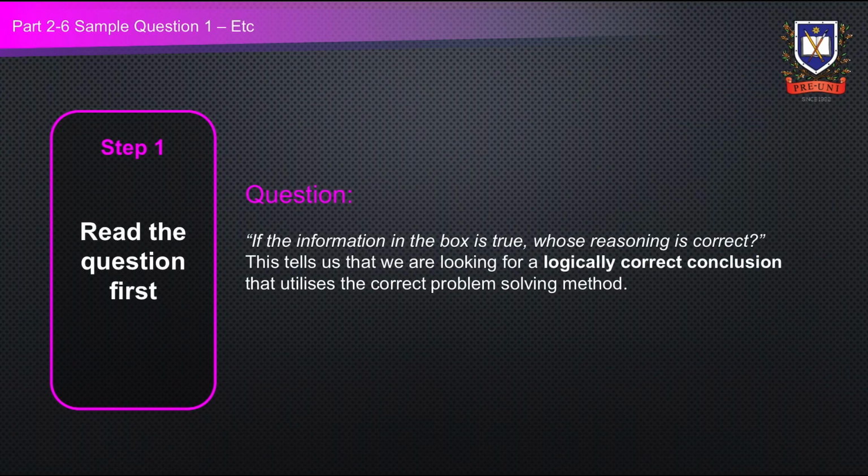The first step is to read the question and determine what it is asking. The question asks us if the information in the box is true, whose reasoning is correct. This tells us that we are looking for a logical correct conclusion that utilizes the correct problem-solving method.